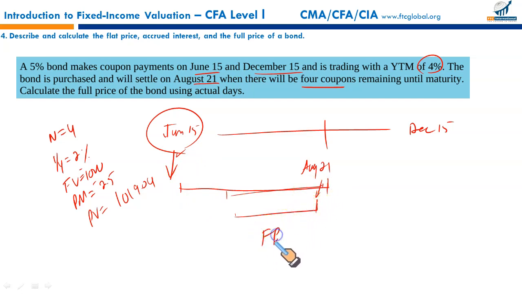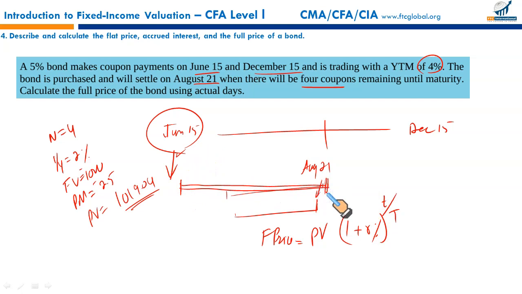The full price is equal to the present value, which we've just calculated, multiplied by (1 + R%) raised to the power t upon T. This small t represents the days from the last coupon payment till the settlement date, and this large T represents the days between one coupon payment to another.